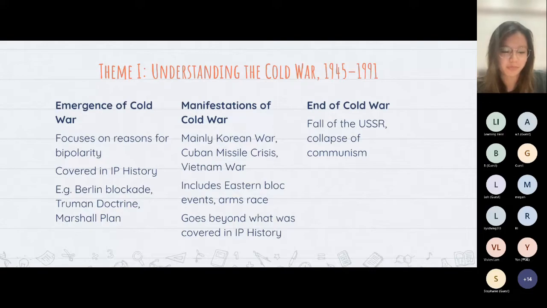It went beyond what I learned for the Korean War, Cuban Missile Crisis, and Vietnam War. Suddenly, I had to learn about things happening in the Eastern Bloc, like the Prague Spring, as well as the arms race between the US and the USSR. So for the manifestations of the Cold War, I would say that it went beyond what was covered in IP history. So there'll be new content that you'll learn under this theme.